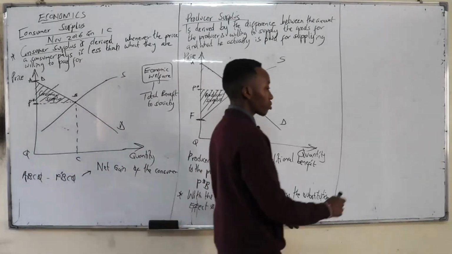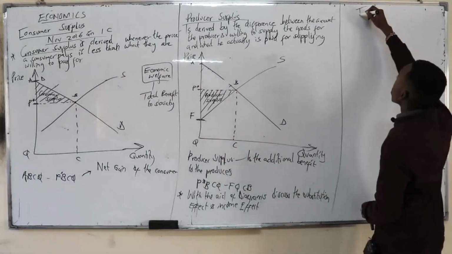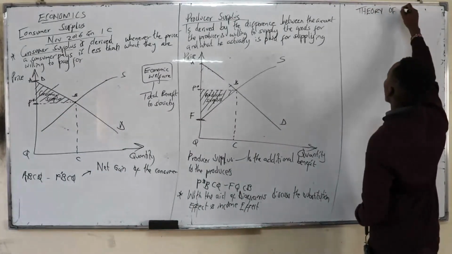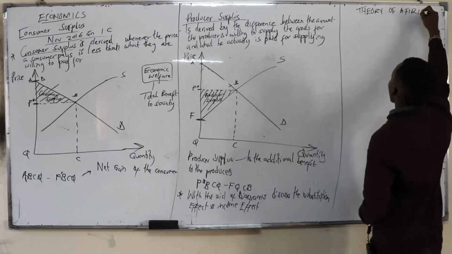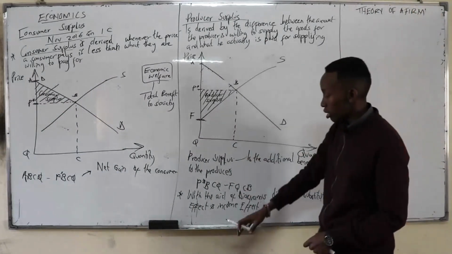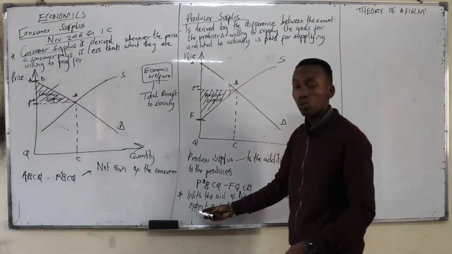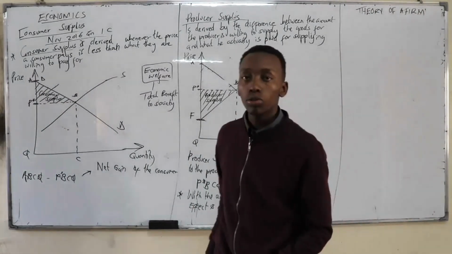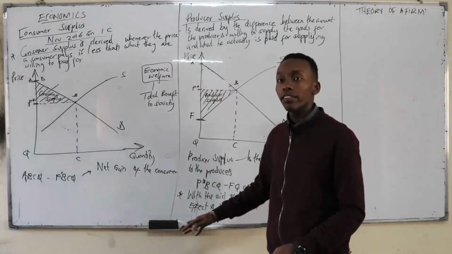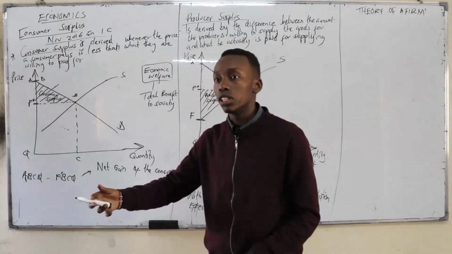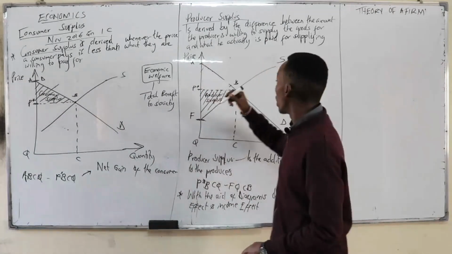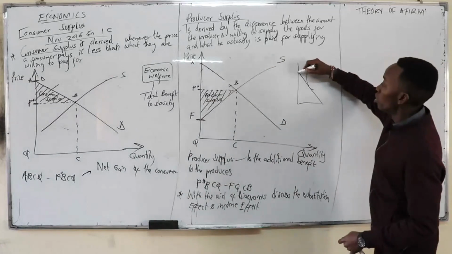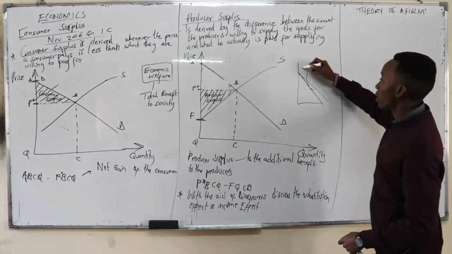So now we look at another concept altogether, the theory of a firm. To give you a bit of a clue on this substitution and income effect, this is what we discussed last time: in the event of an increase in price of a commodity, what does it do to the equilibrium of an individual?